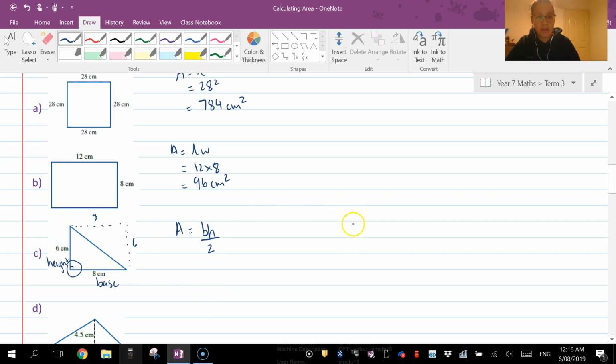You can also write that as 1/2 base height or 0.5 base height. They are all the same formula. Okay, so base 8 times height 6 divided by 2 gives us 48 divided by 2, which gives us 24 centimeters squared.